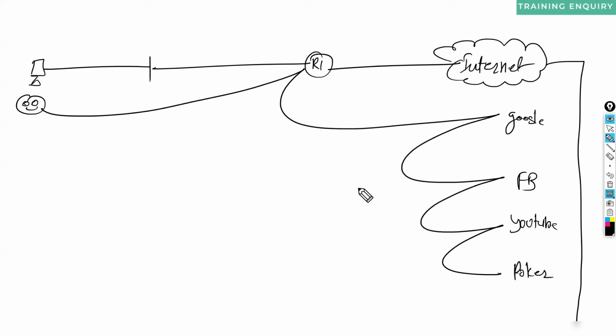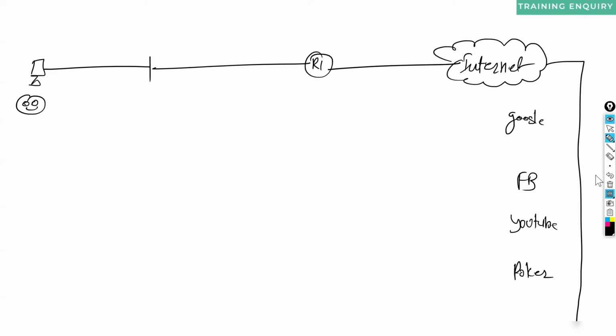Now the user in our LAN can access any website through our router or our company network, but we don't want this user to be able to access some sites like gambling websites, Facebook and YouTube. To protect our network from such HTTP or URL access, what will we do? We will deploy a proxy server.